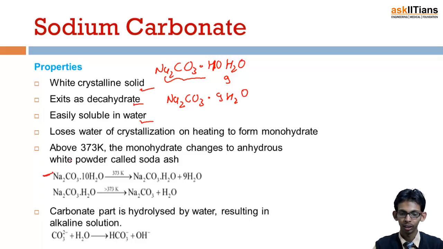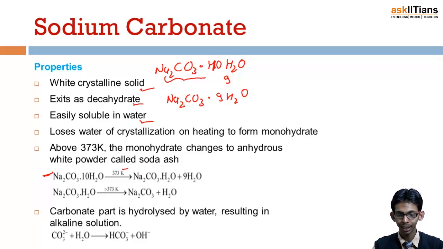If this sodium carbonate decahydrate is heated above 373 Kelvin, it results in formation of the monohydrate compound with removal of 9 waters of crystallization, which when further heated results in formation of anhydrous sodium carbonate.